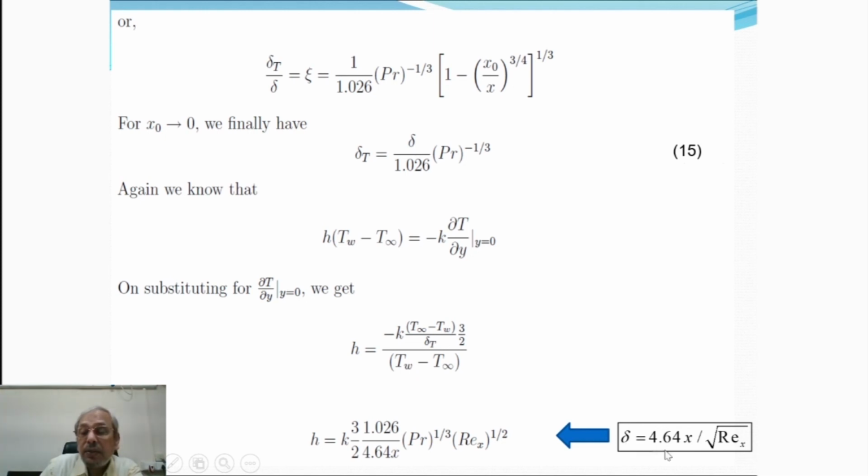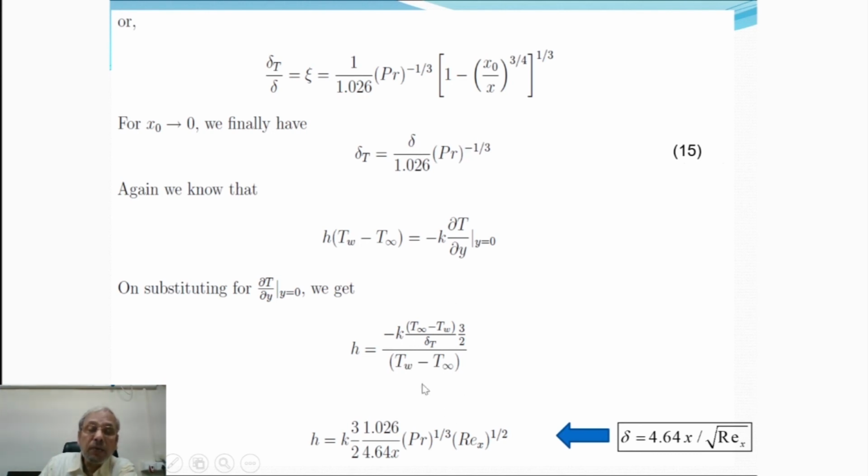Delta we substitute from the solution of the momentum integral equation. So h equal to k 3 by 2, and delta is basically delta T into Prandtl number to the power minus 1/3.